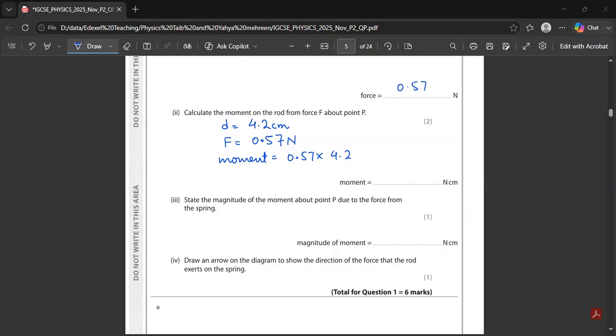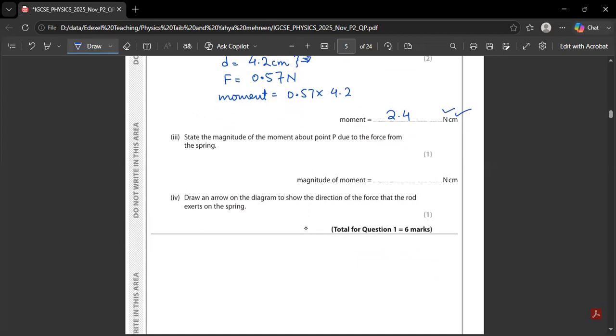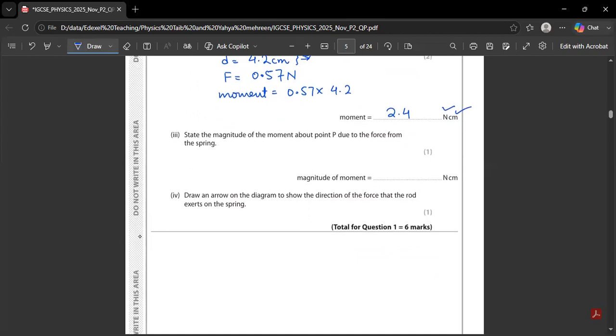That can be 2.4, right? And you can see the Newton centimeter unit is there. Therefore, I have not changed this unit, because they have mentioned Newton centimeter, because they want the answer in Newton centimeter.